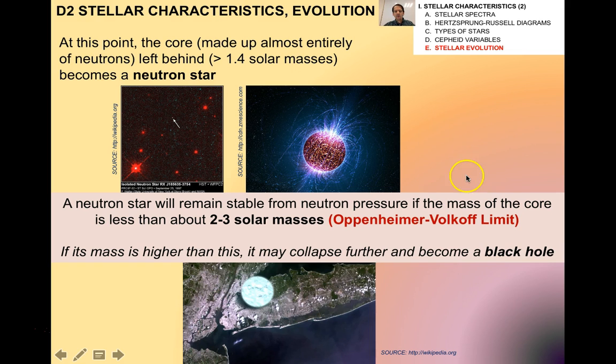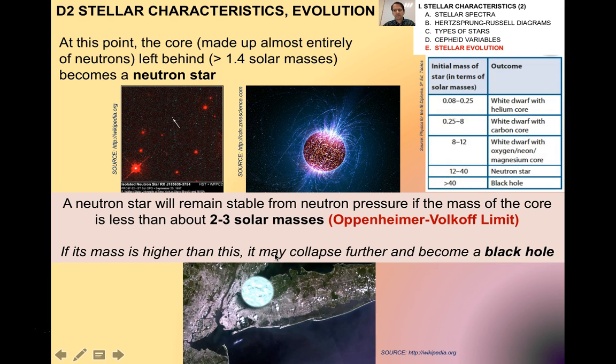And a black hole, we've talked about that a little bit in class. Black holes are typically about the size of Manhattan, and crazy things happen inside and around black holes. So again, you need to know qualitatively this table in terms of how the initial mass of a star determines its outcome.